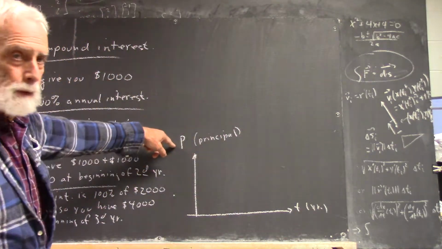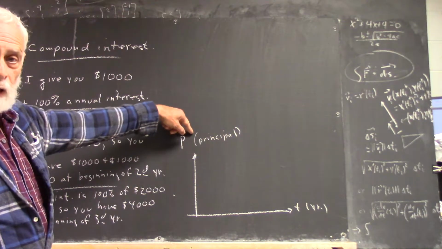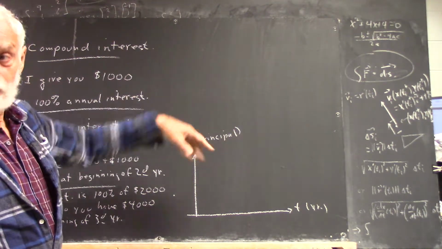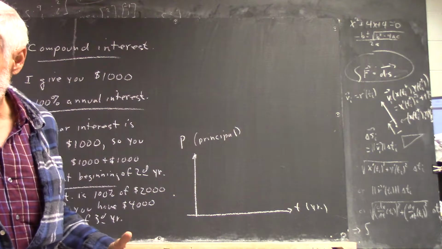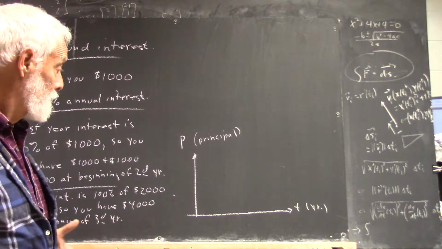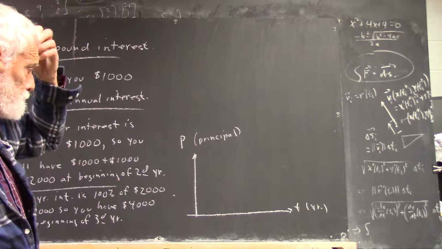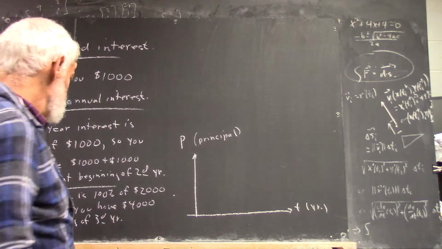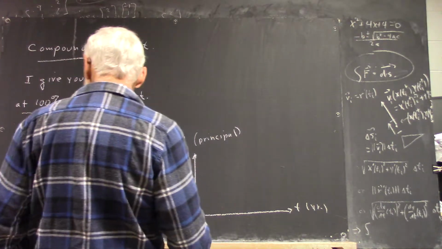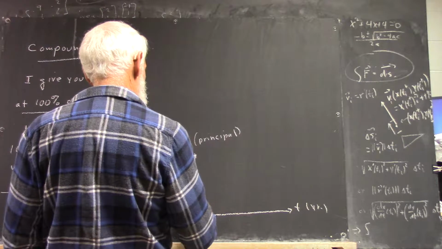We're going to let P stand for principal. That's what you call the amount of money you have, right? Yes. Okay? So you're going to start with $1,000.